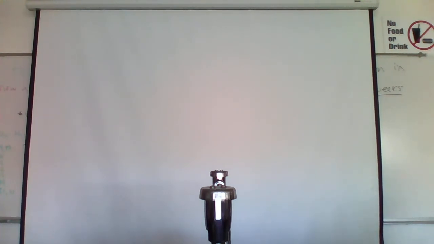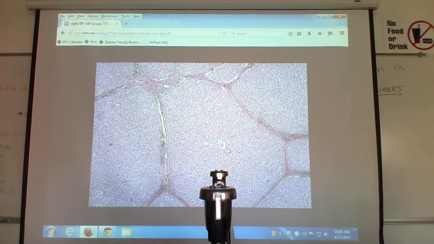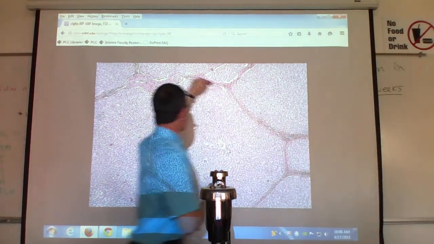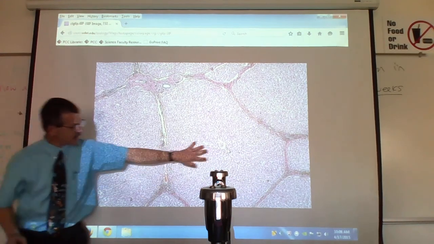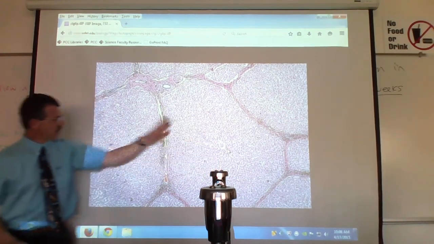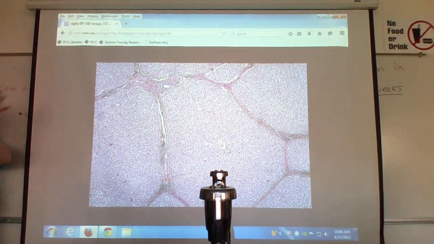Let me throw some more liver action. This is the liver we're talking about. The trick is I'm looking at these big areas, and I see white and red. Describe it however you want, but white and red stuff spreading out.